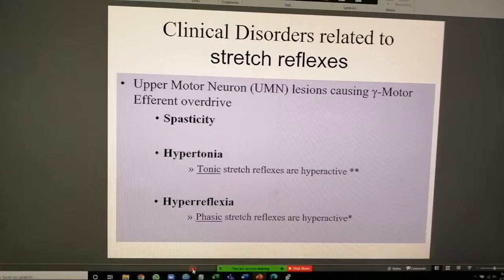What we mean by that is that it is super sensitive to any change in length of the muscle. I think that bit should be very clear now. So when you have this sort of situation, when you have stretched it out unnaturally, excessively, the spindle-mediated stretch reflex also goes into overdrive.